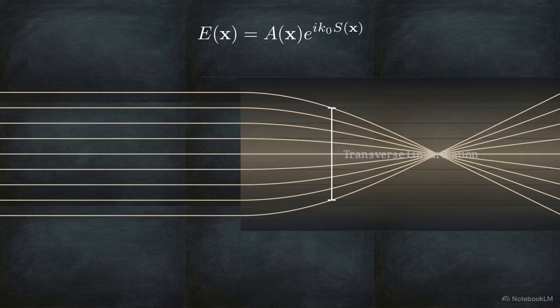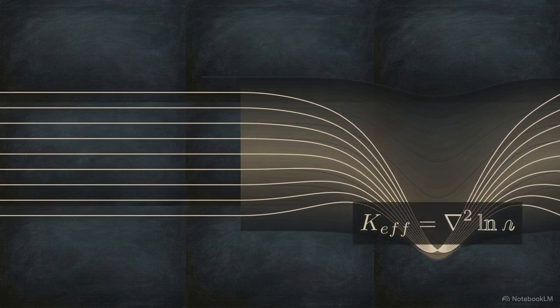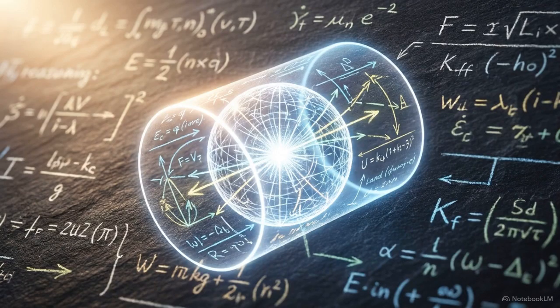The local focusing of the light is mathematically controlled by the trace of the transverse Hessian matrix. This yields a dimensionless design measure, the curvature indicator, denoted as K effective. When K effective persists above a specific threshold, the medium achieves a stable, functional photonic well.